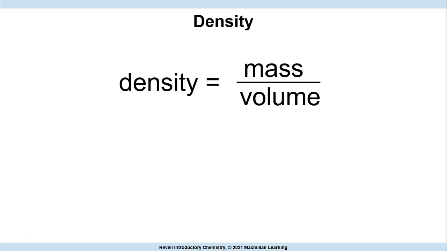Now, if you have the density and the mass, you can calculate the volume. If you have the volume and the mass, you can calculate the density. So you can use any of these to get any of the factors. If you have two, you can get the other one. So D is equal to M over V, where D is density, M is mass, and V is volume.